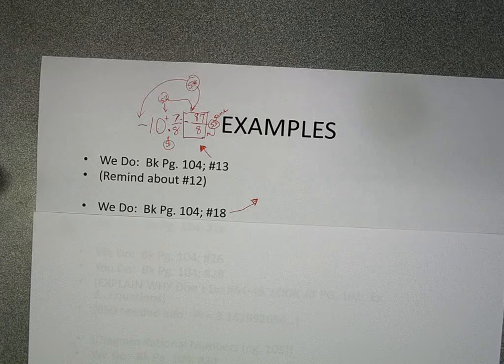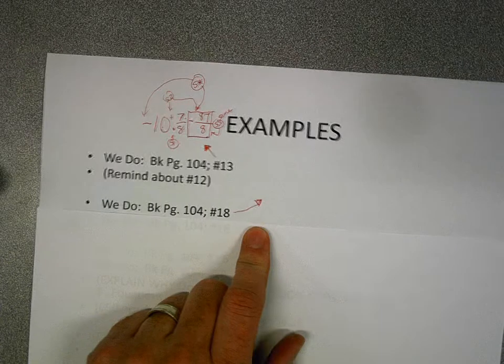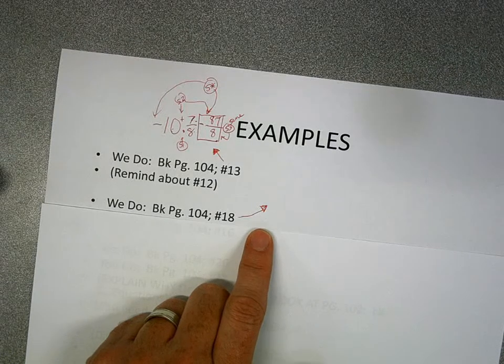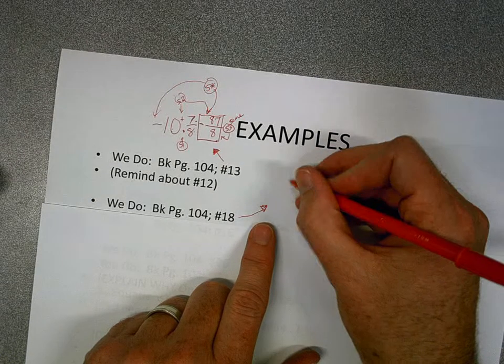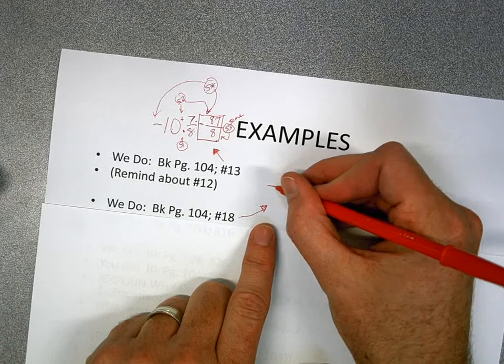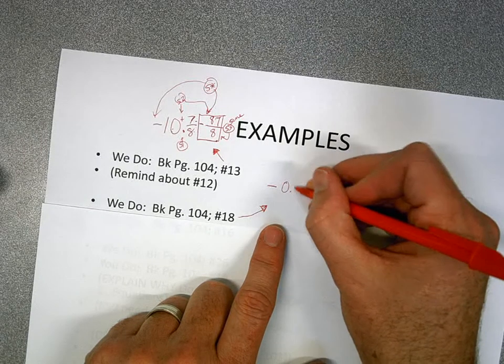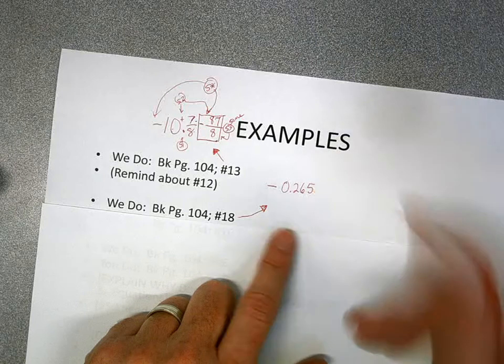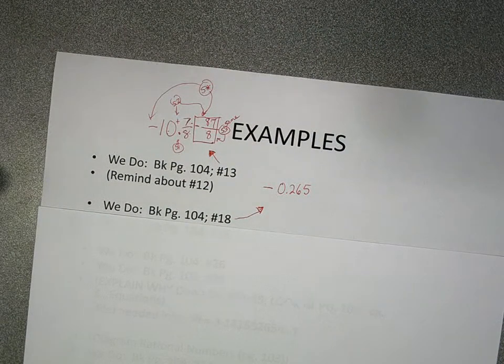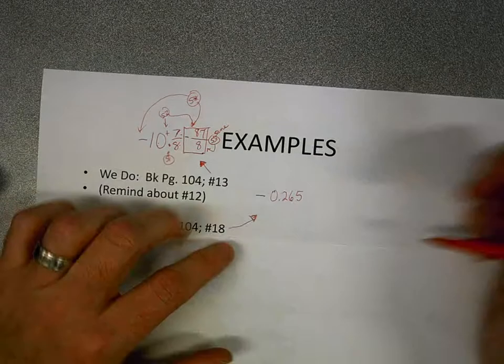Yesterday we used a calculator to convert our fractions to decimals. Now we're going the other way. What they give us for number 18 is negative 265 thousandths. Negative 265 thousandths. So here we go.